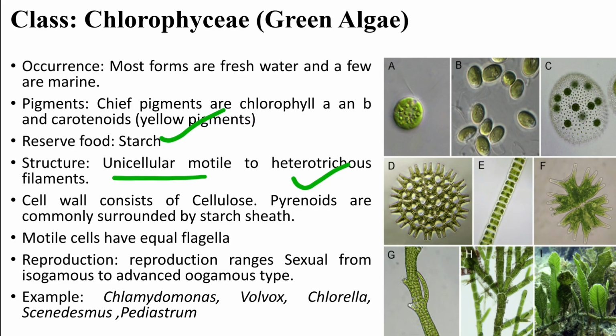I will upload these videos regarding reproduction. For now, just remember that in Chlorophyceae, reproduction ranges from isogamous to advanced oogamous. Examples: Chlamydomonas, Volvox, Chlorella, Scenedesmus, Pediastrum. These are some important genera under green algae or Chlorophyceae.